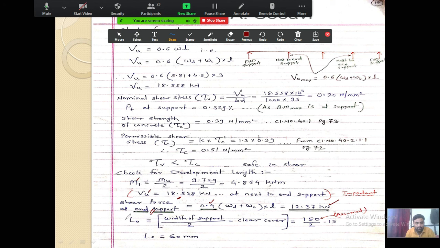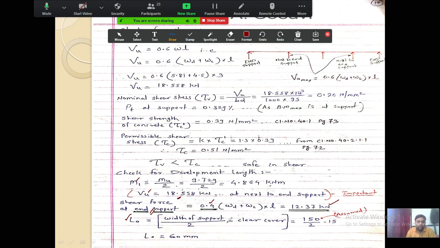Now we need to calculate the value of L0. For L0, we discussed the formula in the last lecture itself. L0 is equal to width of support divided by 2 minus clear cover. So the width of support is not given in the problem, and we have also not assumed the width of support. If we have assumed, we will take that value. If we have not assumed, we will assume width of support here only.